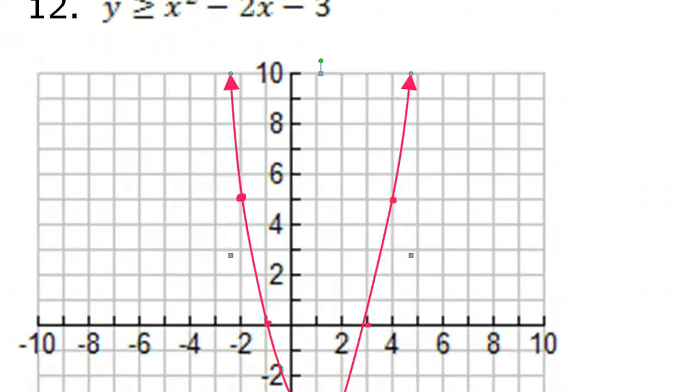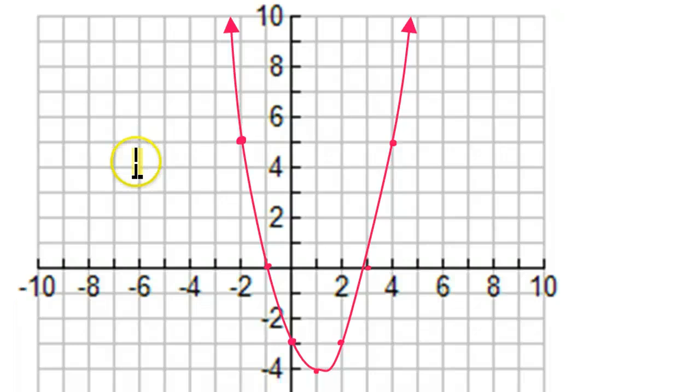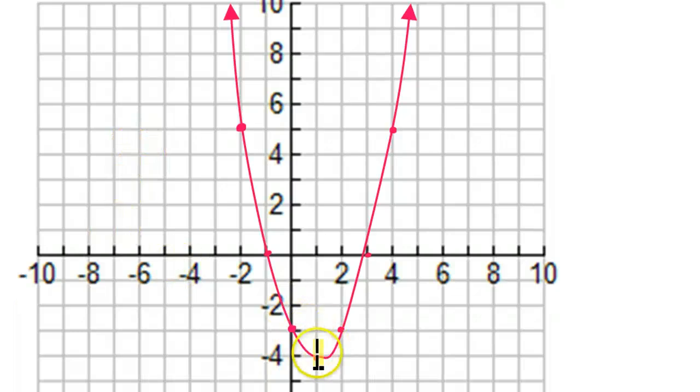Now, using the above-below method of shading, greater than or equal to, does that sound like above or below to you? Yeah, greater than is above the parabola. It'll be easier to see if you look at the vertex first and then say, okay, I'm going to shade above this vertex.